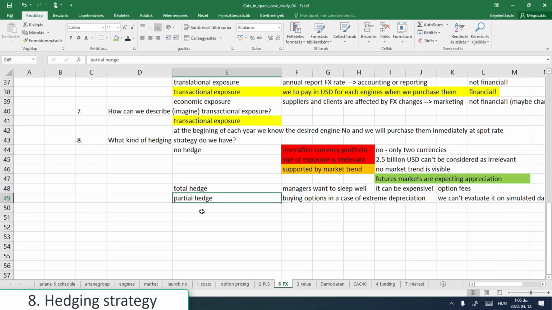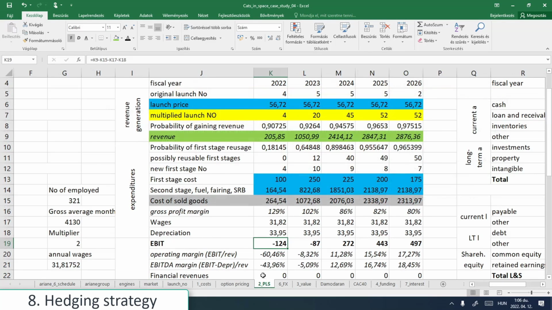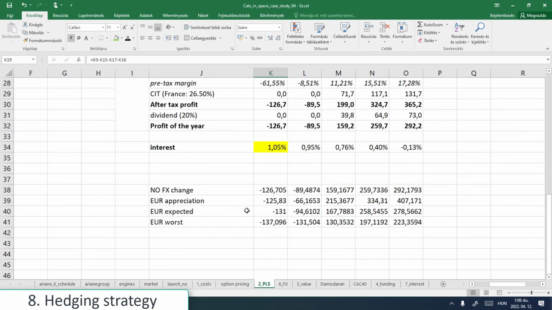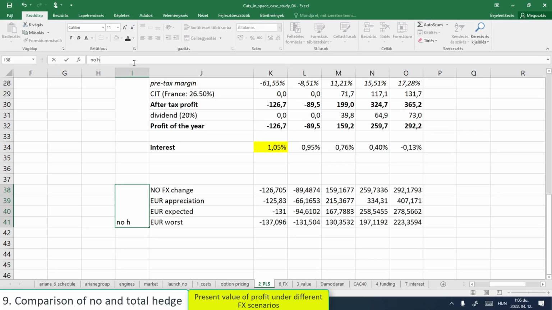And of course, already we have the data for what happens under no hedge. So this is everything what we have here, because we calculated last time the no hedge scenario. It's supposed to be in the middle.